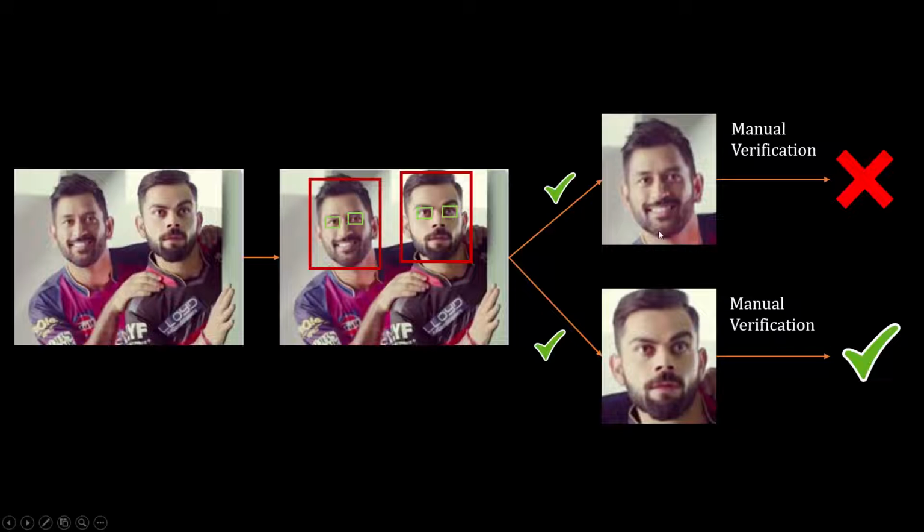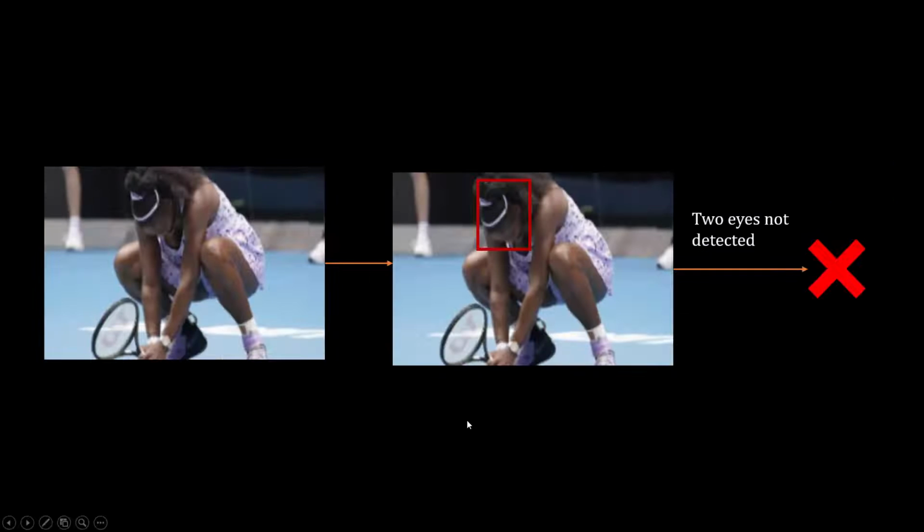Once you get these two cropped faces, we'll have to run a process of manual verification. 80 to 90% of our data cleaning is happening through our Python code in an automated way, but there is 10% where you have to spend manual effort in cleaning your data. So we'll delete the image of MS Dhoni in the manual verification step.